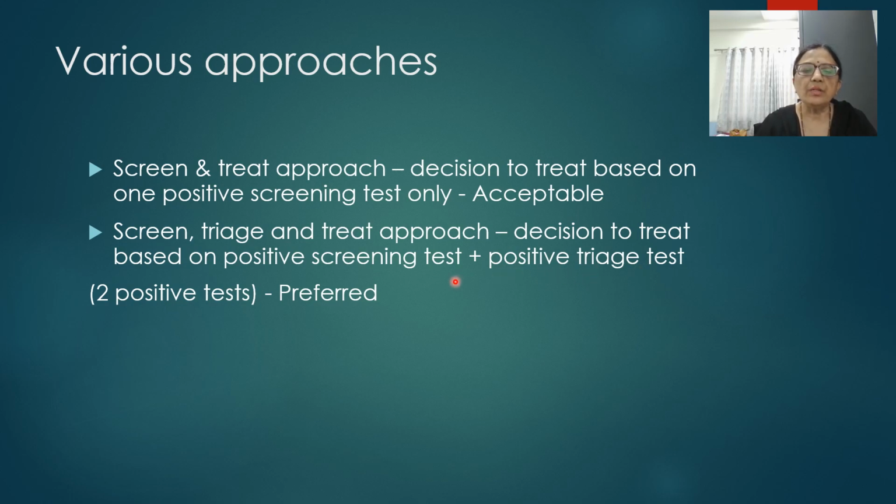So it is the presence of at least two positives that leads to the decision for treatment, and that is why it is preferred as compared to the screen and treat approach.